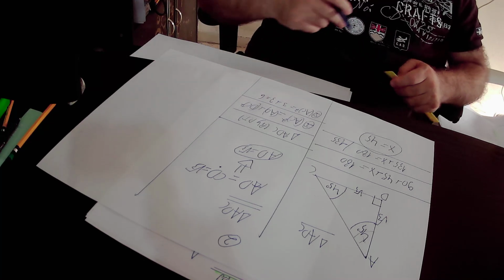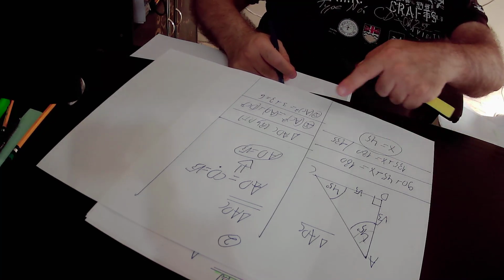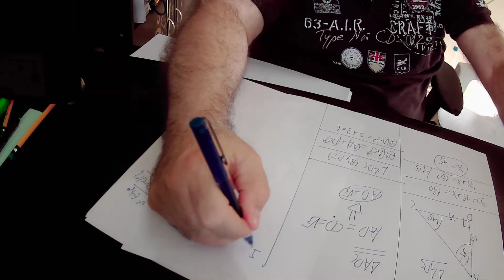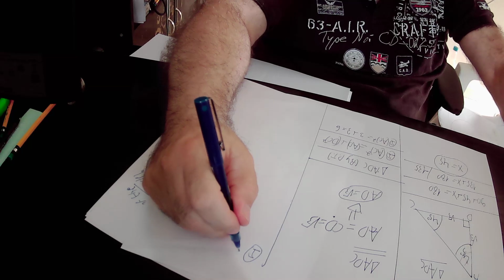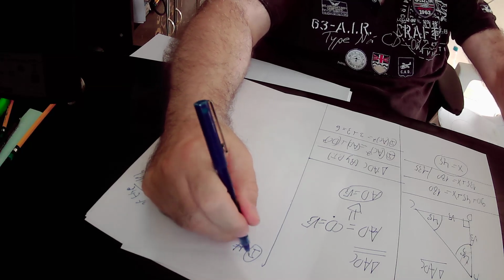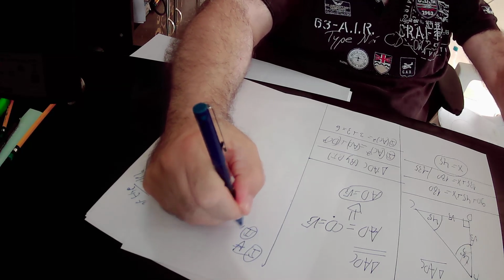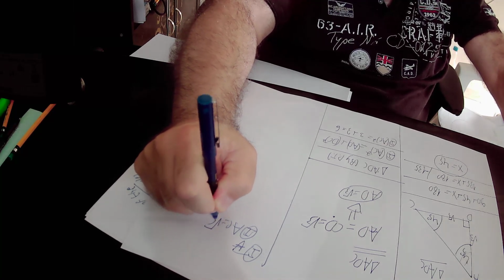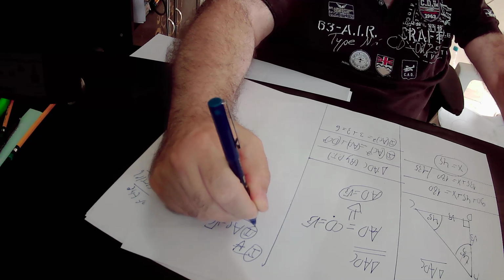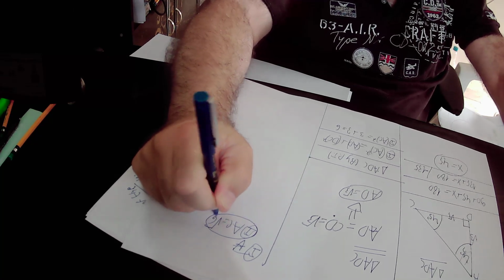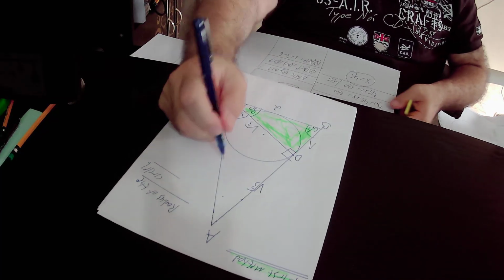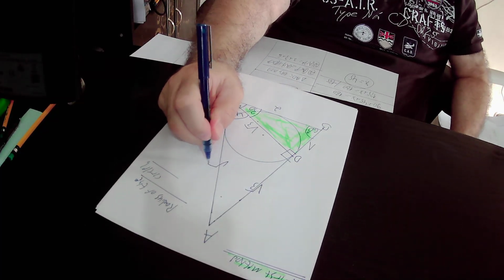Here we take a root out of this equation number 1, and we get that AC equals square root of 6 units. Now we can write down that AC equals the square root of 6 units.